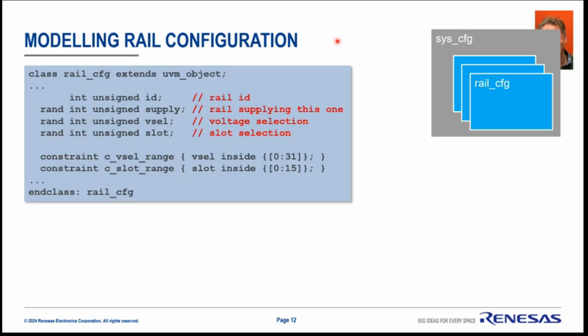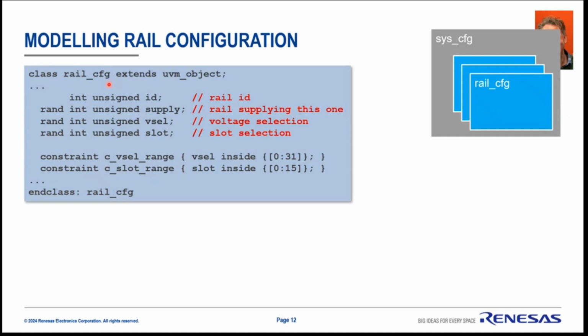If we go back to the previous mixed signal example and how we might implement this in UVM, we could have a system configuration object called syscfg, which holds multiple rail configuration objects. Those rail configuration objects are generic for any of those DC-DC converters or LDOs.